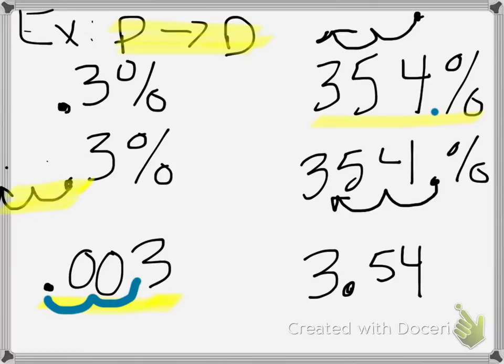Only if you don't see a decimal. Then we know we have to move to the left when we're converting a percent to a decimal. So we move it 2 times to the left to make the mustache, and your answer ends up being 3.54.